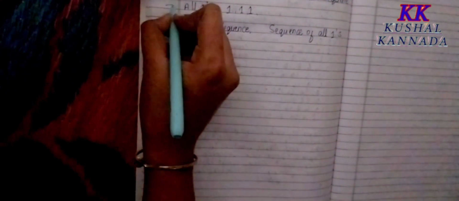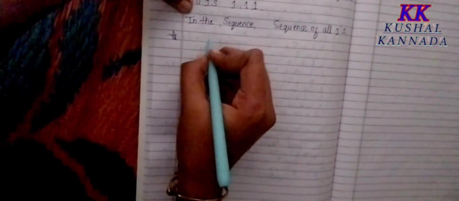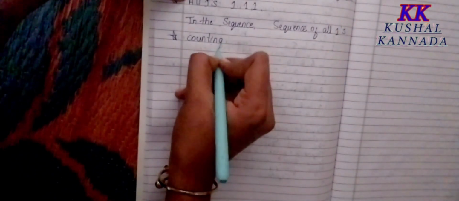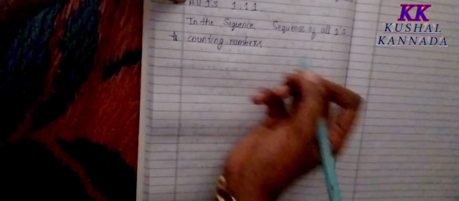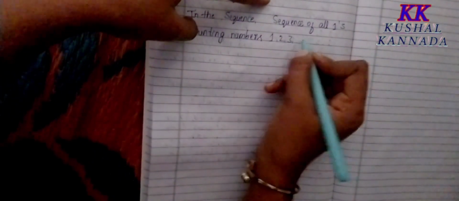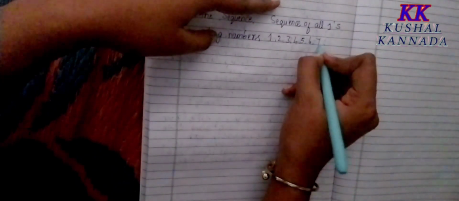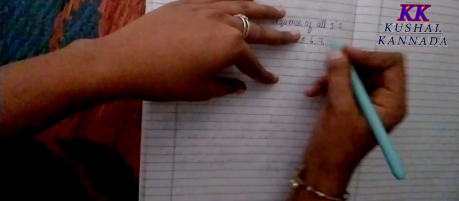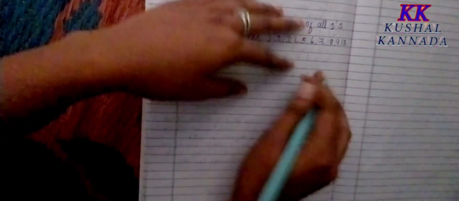Next, counting numbers. One, 2, 3, 4, 5, 6, 7. So next three numbers I will write: 8, 9, 10.